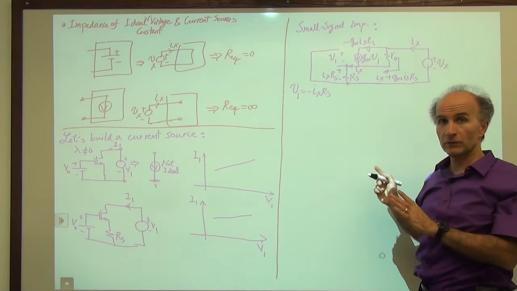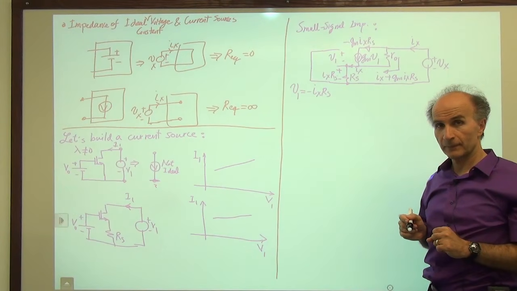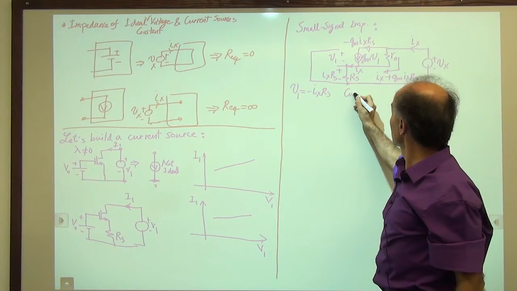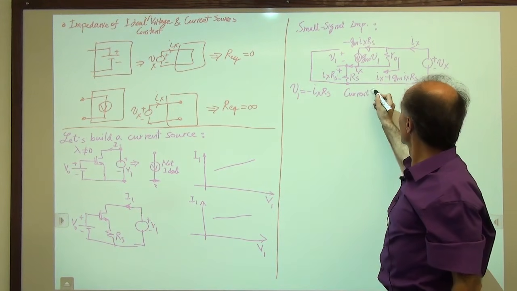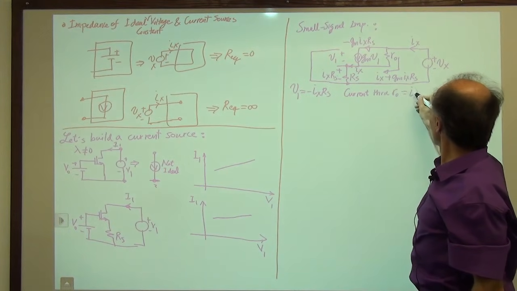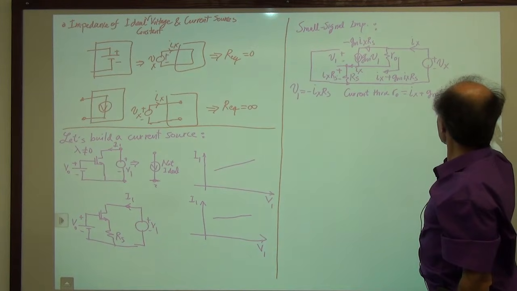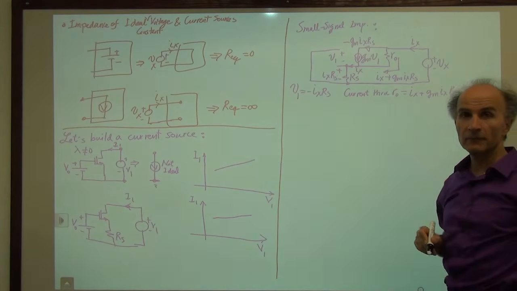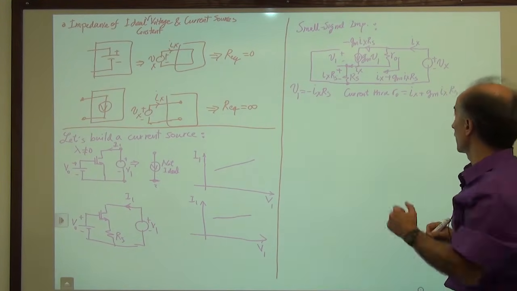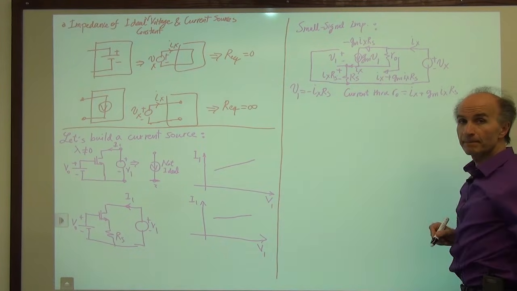If this is difficult to digest, pause the recording and think about it for a minute. All right, so what we have so far is the current through RO is equal to Ix plus gm Ix RS. That readily gives us the voltage drop across RO. I just multiply this by RO, I get the voltage from here to here.